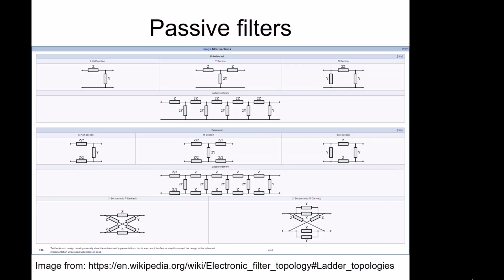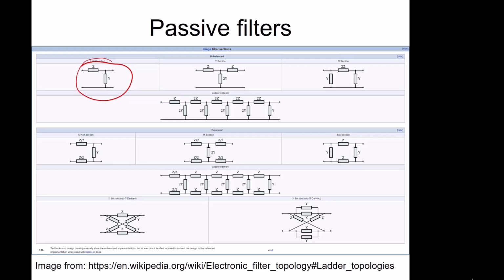Now that was a passive low pass filter, which is essentially this here. So this is the first of potentially many passive filters we could design. This is just a quick introduction into it. We'll be moving on to active filters, but that was just to highlight how to design a passive filter.